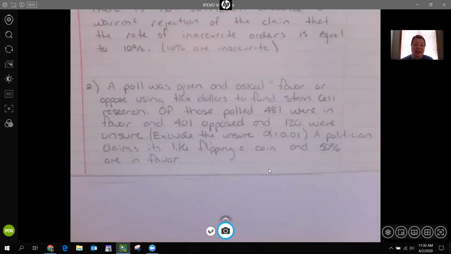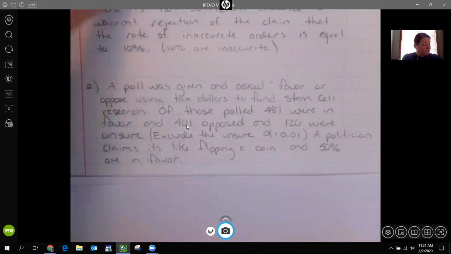We were given how many are in favor, how many are opposed. So you might have to add some numbers together to get the total, or to calculate a percent in some cases. So for this one, 481 and 401 we're going to use, and we're going to ignore the 120. So we would have to add those together to get that total.